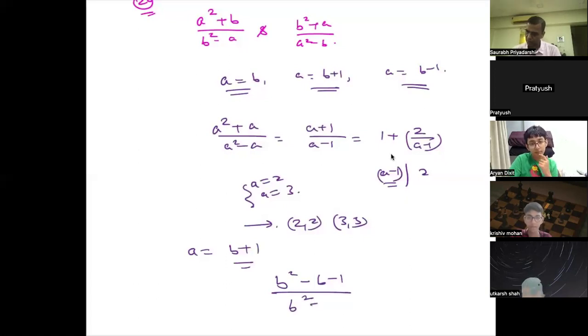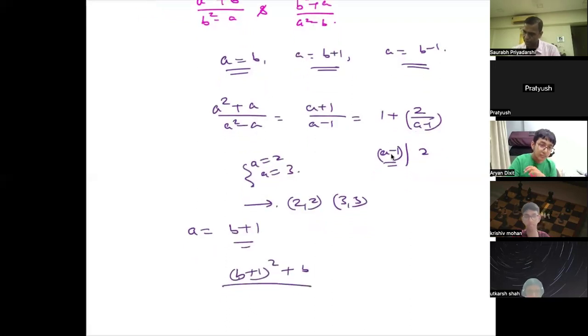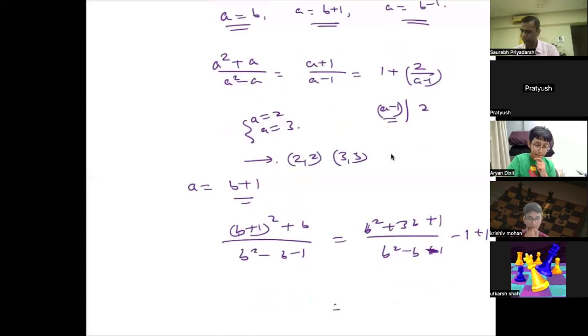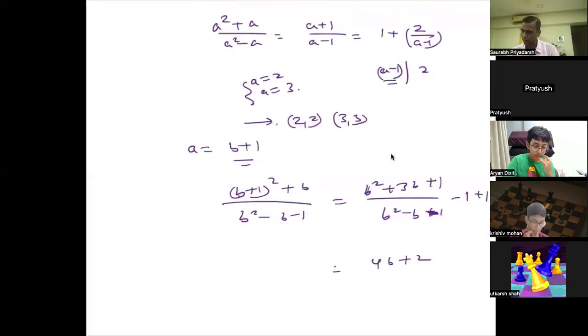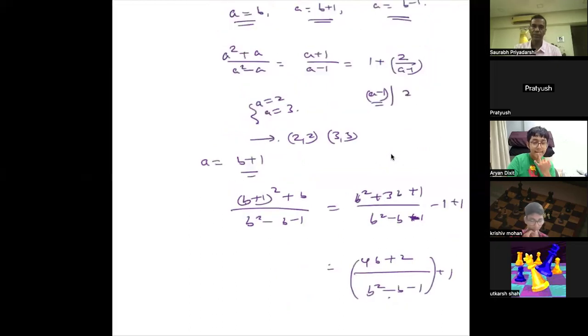The whole of 3b plus 1 has come, right? b plus 1 the whole square plus b divides b square minus b minus 1. 3b plus 1 upon, as I said, minus 1 plus 1, 4b plus 2 divides b square minus b minus 1, right?